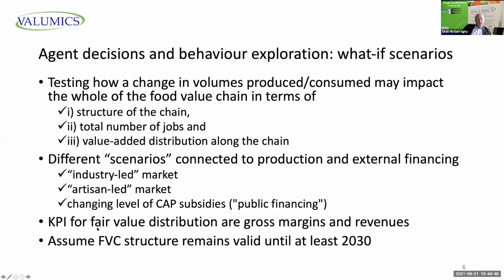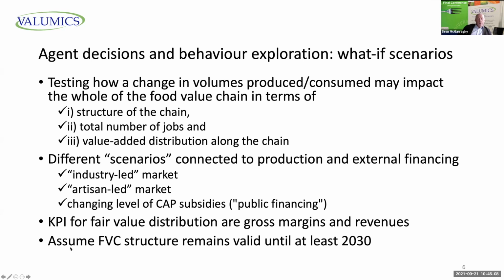So our key performance indicator for fair value distribution was decided by the project as a whole, the VALUMICS project, to be the gross margin, including any public financing, together with revenues. For procedural fairness, learner index was taken as a good proxy.